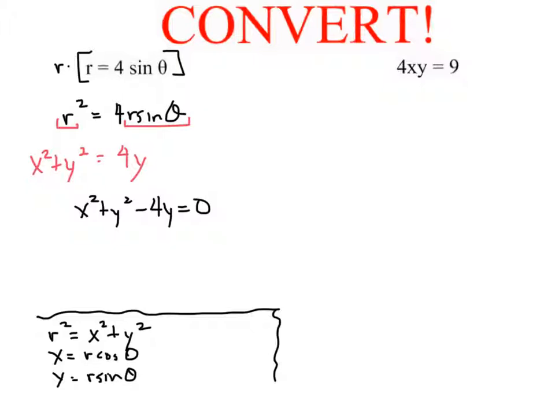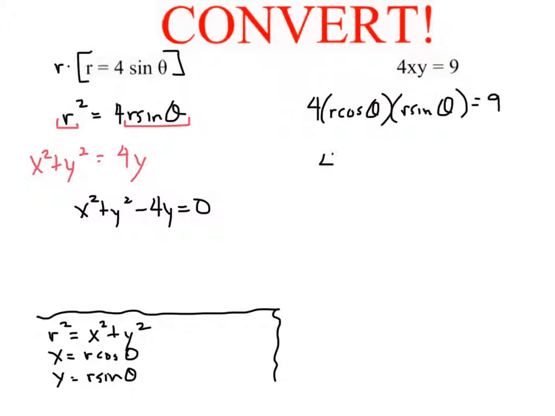Okay. Now this other one is maybe a little bit easier because we know that x is r cosine theta. We know that y is r sine theta. Well, the 9.